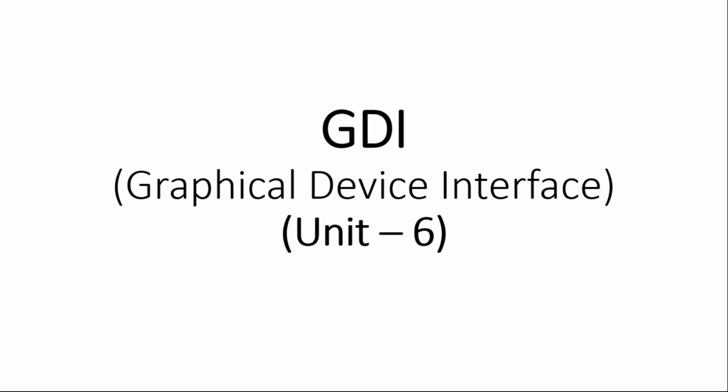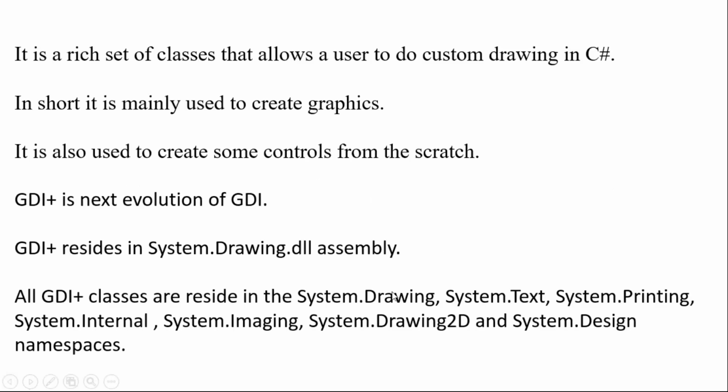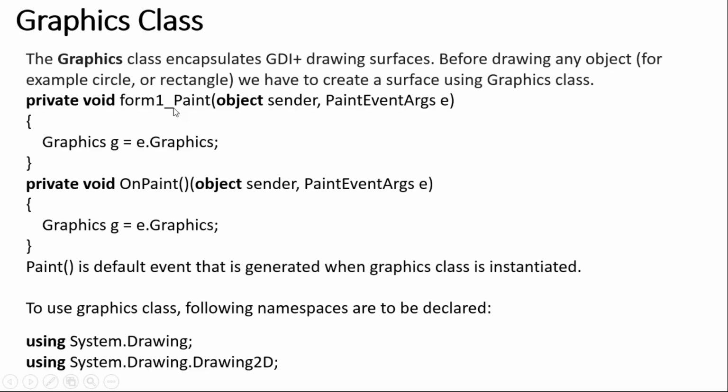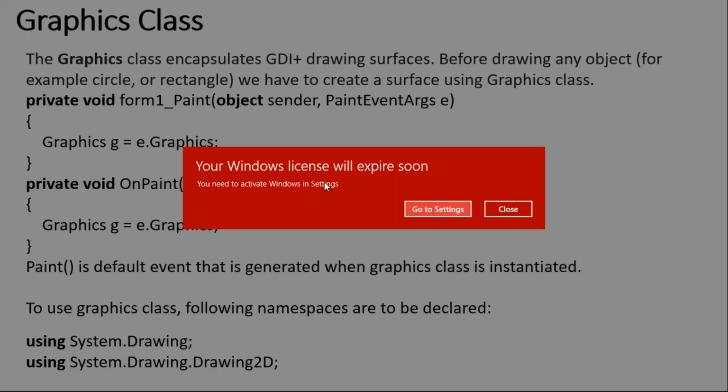Whenever we want to use graphics, we import namespaces like system.drawing, system.text, printing, imaging, internal drawing 2D, design, etc. To start coding in graphics, we require a graphics class, and we create either a paint event in C Sharp or an on paint event in VB, and create the object of graphics using this particular syntax, right? And we import these namespaces while working with graphics in C Sharp.